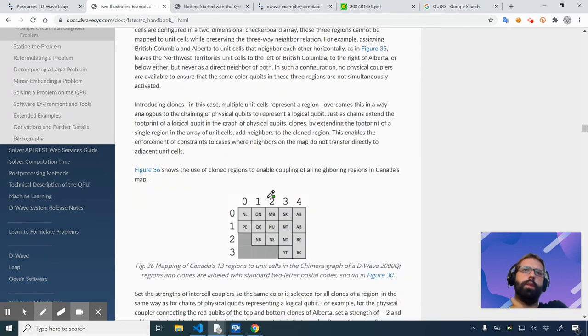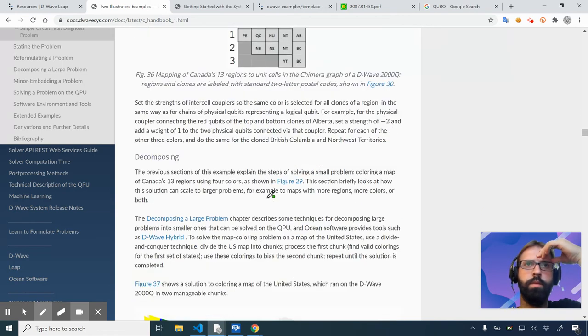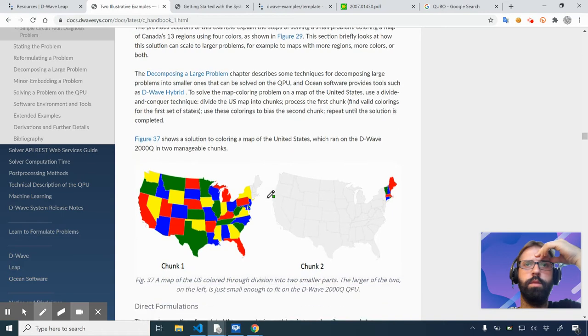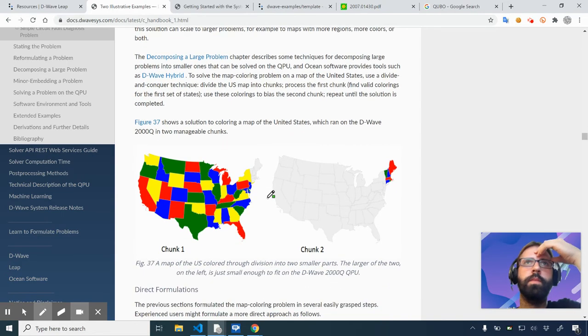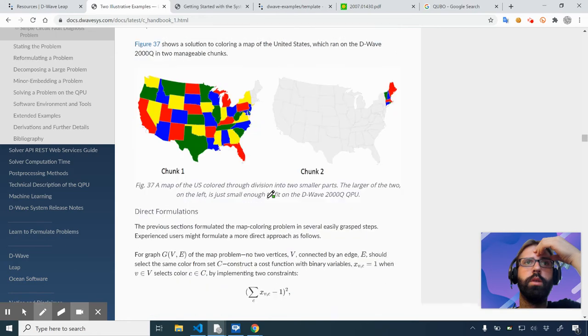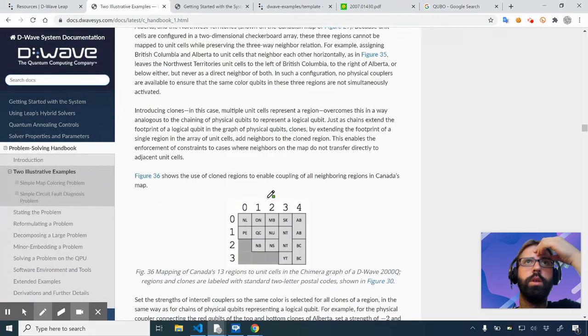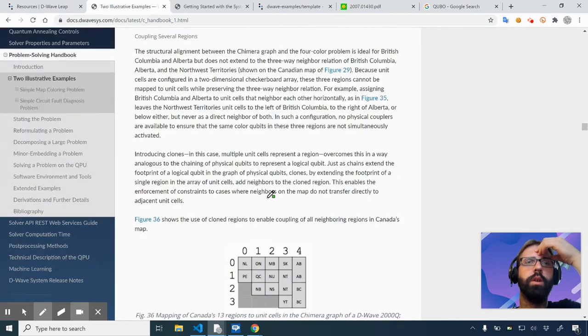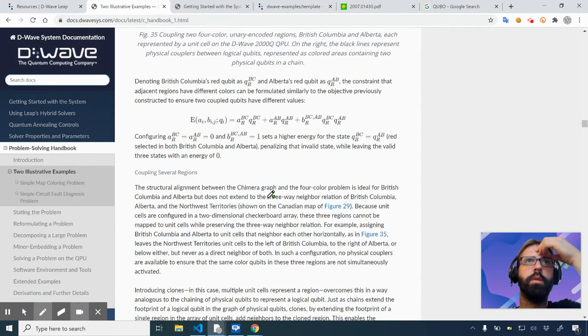So I guess what this is doing is coupling from neighboring regions in the map.